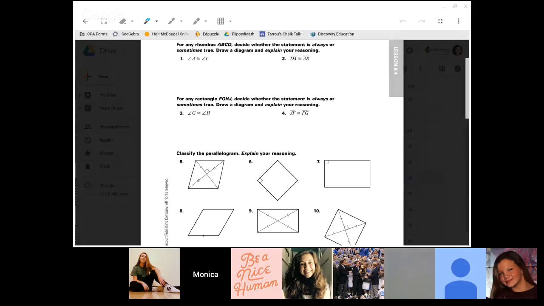Okay, so when you look at the diagram, you see how the diagonals are broken out into 4 congruent parts. So that will tell you that each diagonal is 2 of the same length segments, okay? So that's going to mean that your diagonals are both the same length. In a rhombus, they're not the same length, but in a rectangle, they are. Does that make sense?